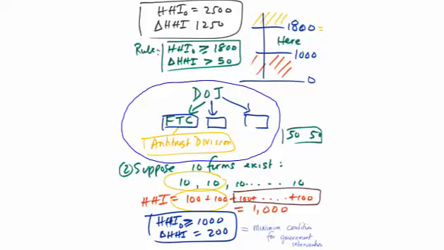So we have 400 plus 800 equals 1,200. So the merger will cause the index to rise by 200 points. The index starts out at 1,000 and rises by 200 points. This would be the easiest case of where the government should consider doing something on behalf of consumers.